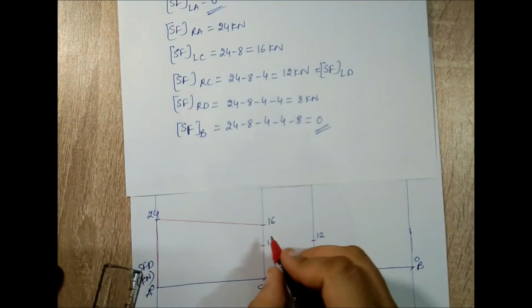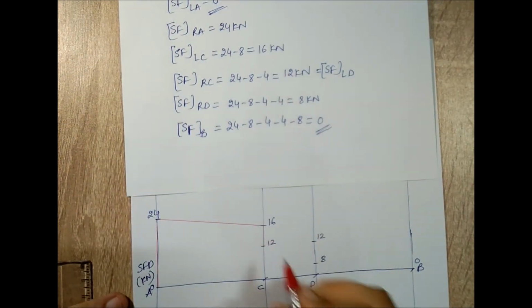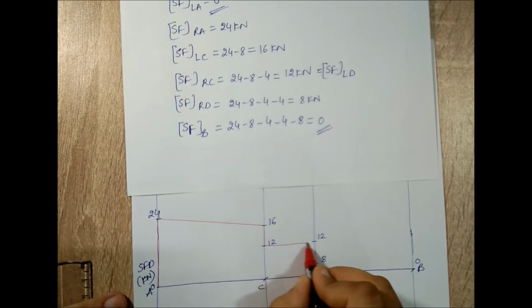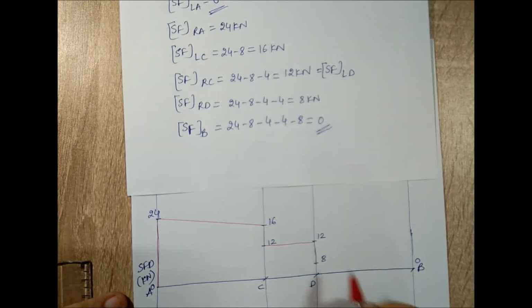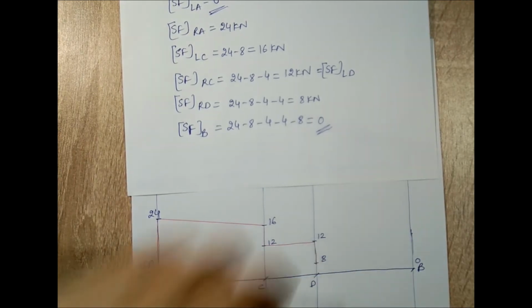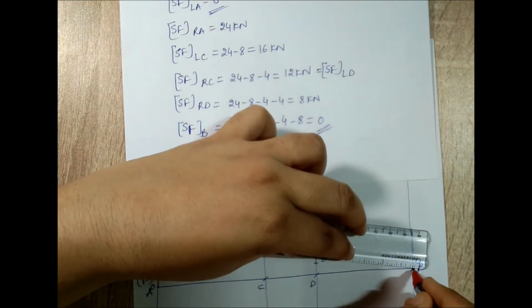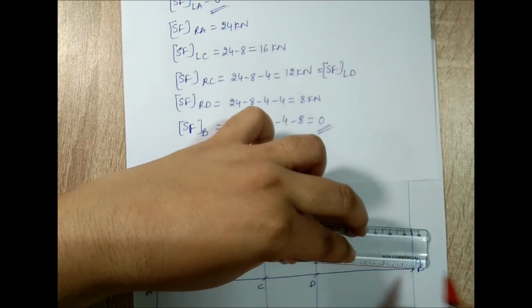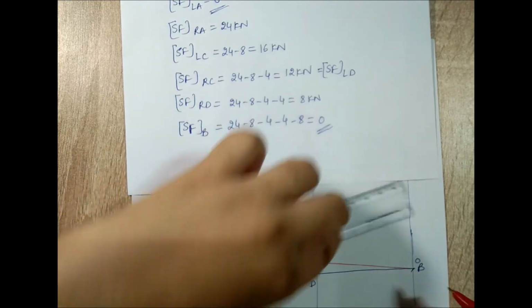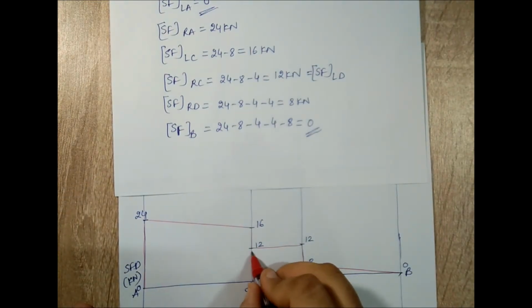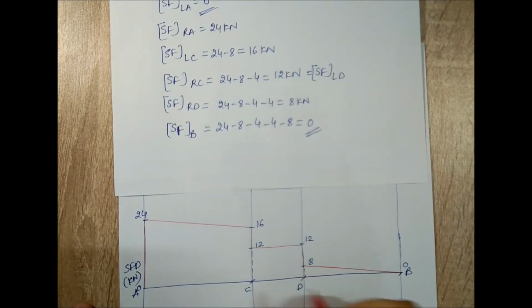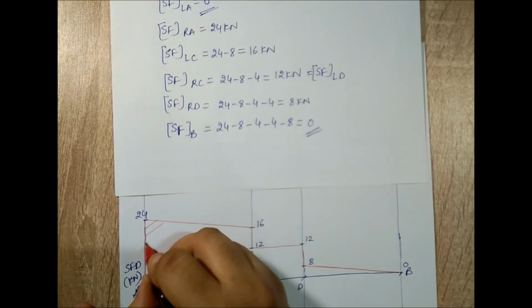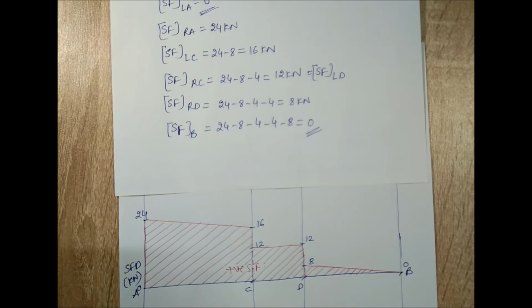Next I'll join 16 to 12, right of C, left of D, right of D, and last I'll join 8 to 0. So this is my SF diagram. I'll join these points. This is my positive shear force. I'll draw the hatching line. So this is the SF diagram.